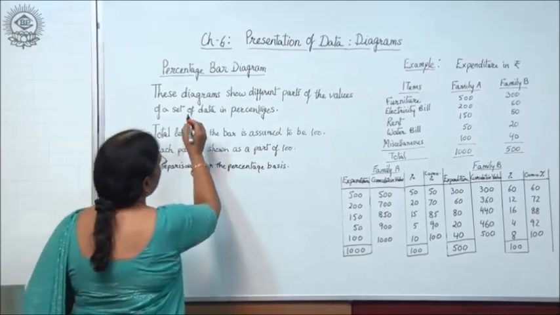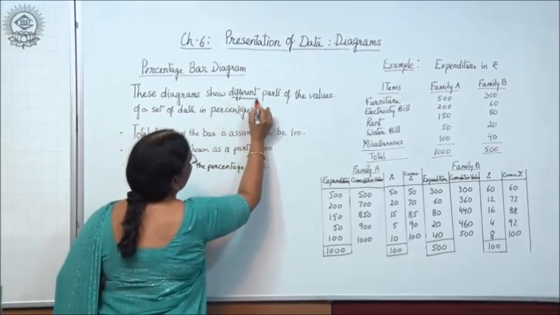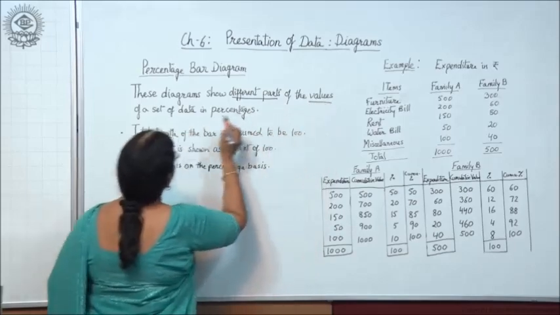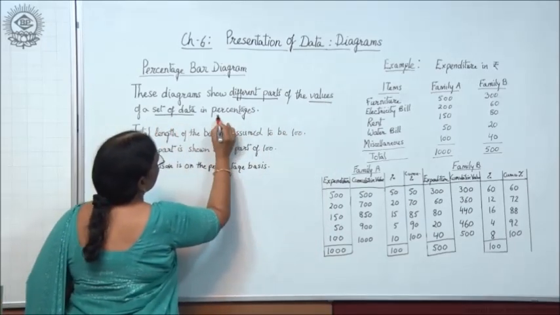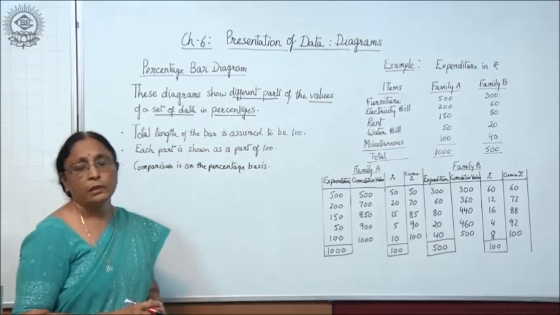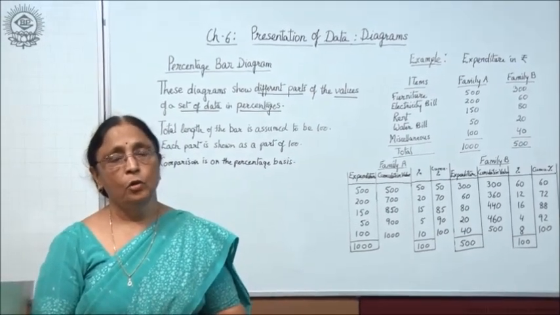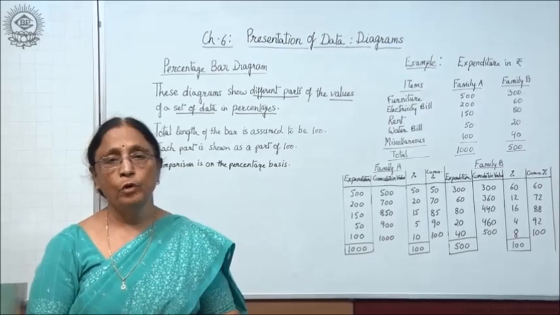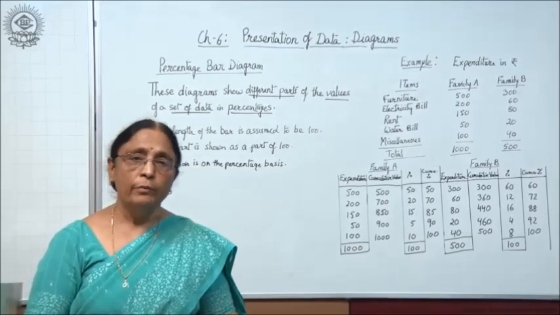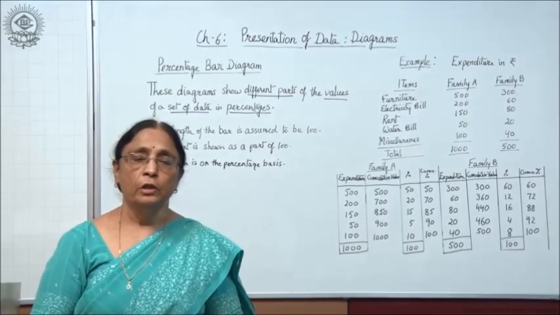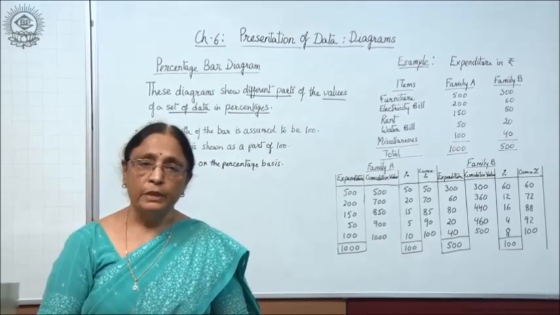These diagrams show different parts of the values of a set of data in percentages. So percentage bar diagrams are explaining the values in the form of percentage. All the bars here are drawn on the basis of percentage.